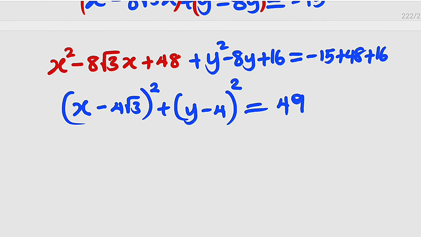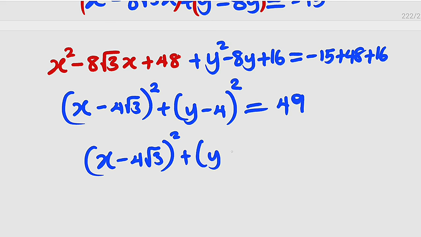And 49 is the same thing as 7 squared. So finally, we have our equation of a circle as x minus 4 root 3 whole squared plus y minus 4 whole squared equal to 7 squared.